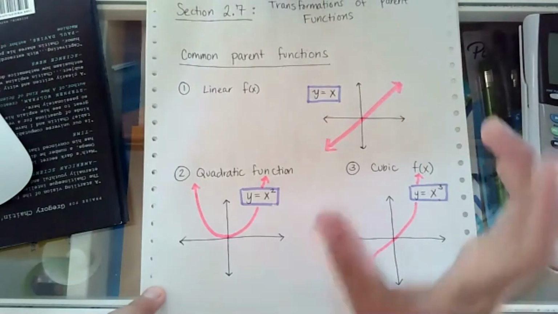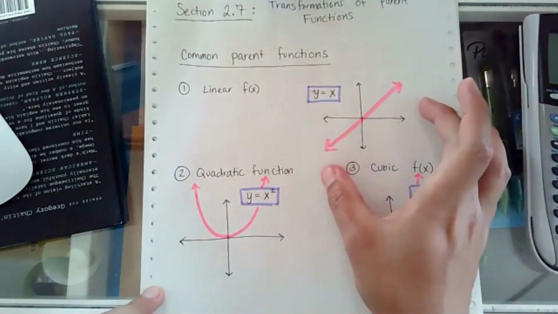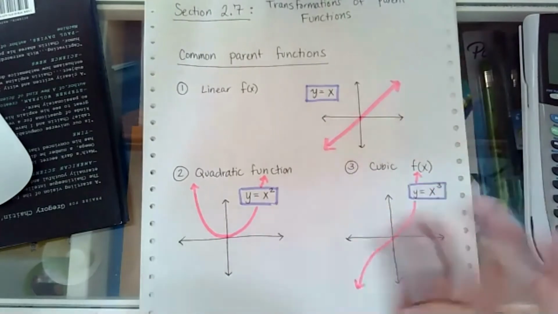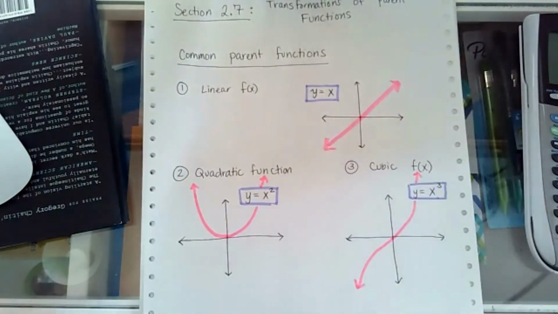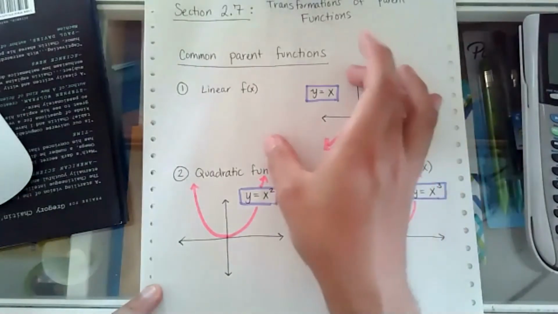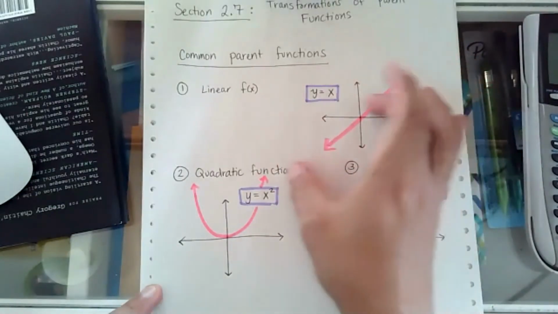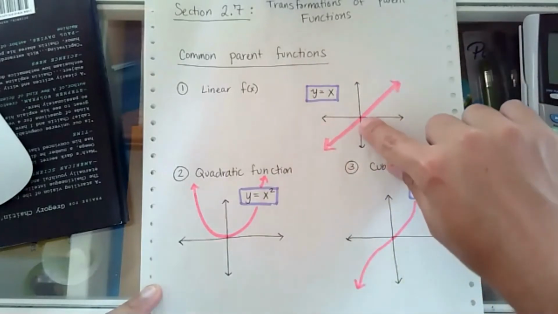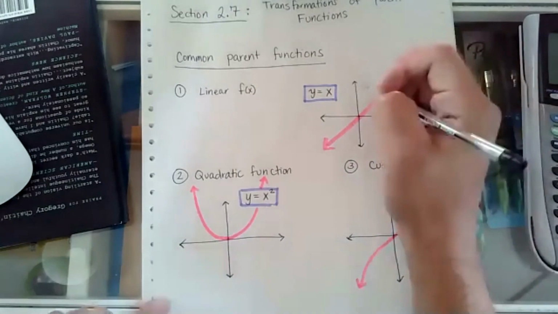But we call these things parent functions because these are the basic forms of the function that once we do some manipulations of them, we can perform some operations on the functions, like multiply it by a number or add a number. It'll change the behavior or basically shift this graph around in the graphing space, right? Because not all linear functions have an intercept that goes through the origin.